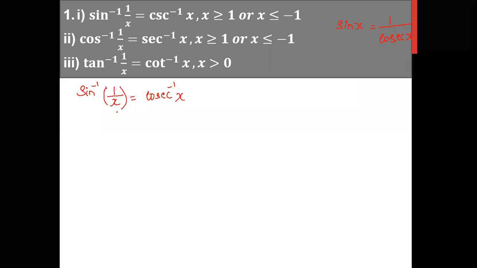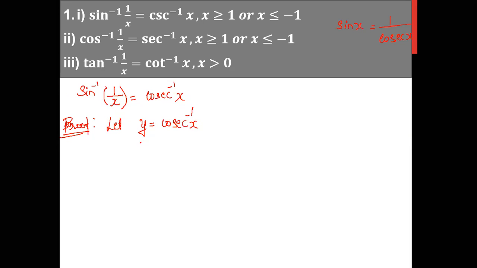Now you have to prove this property. How will you prove it? This is the left hand side, LHS: sin inverse 1 by x, and cosecant inverse x is the RHS. So what I'll do, let y be equal to cosecant inverse x.